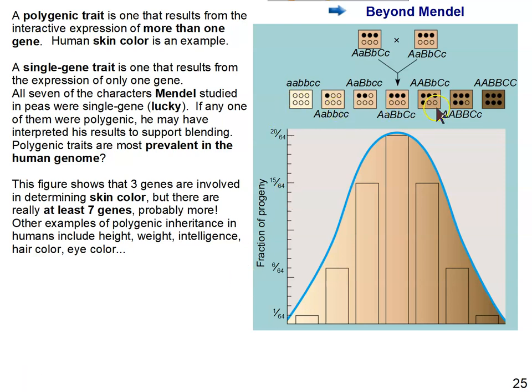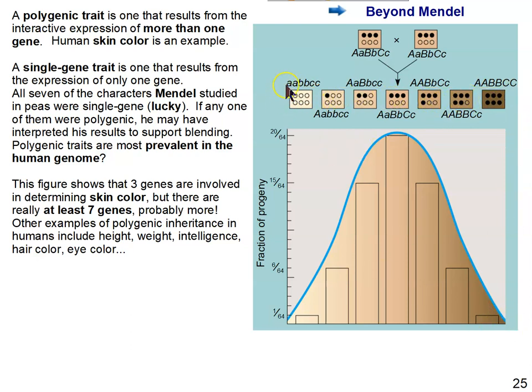So again, if you look at the diagram and how skin color is inherited, you'll notice that the most extreme light shade of skin has all recessive alleles, and the most extreme dark shade of skin has all dominant alleles, and then there's everything in between.